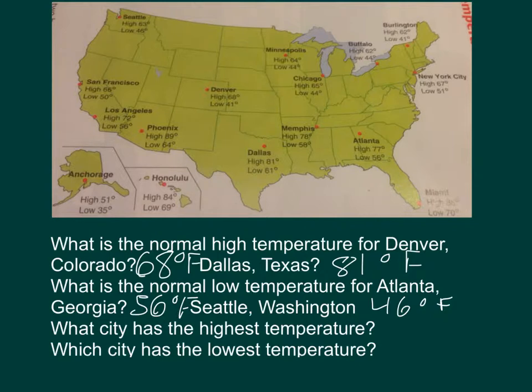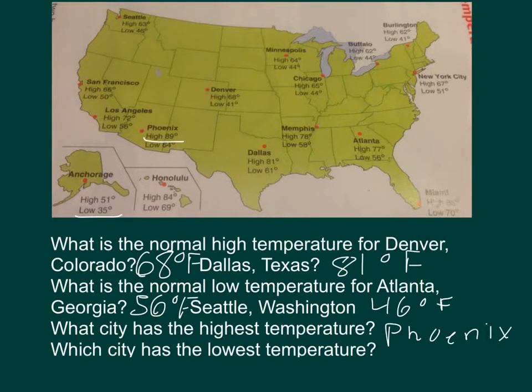Boys and girls, if you said for highest temperature Phoenix, Arizona, you are correct. Phoenix has 89 degrees. The city with the lowest temperature is Anchorage, Alaska, and that's right here.